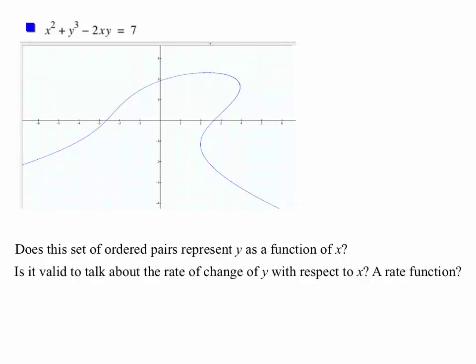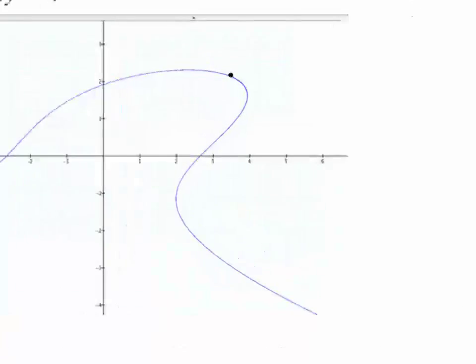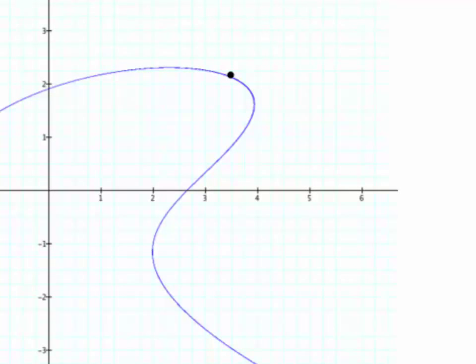Okay, so no. Is it valid to talk about the rate of change of y with respect to x, even though y is not a function of x? What do you think? Yes or no? So here, look at x equals 3.